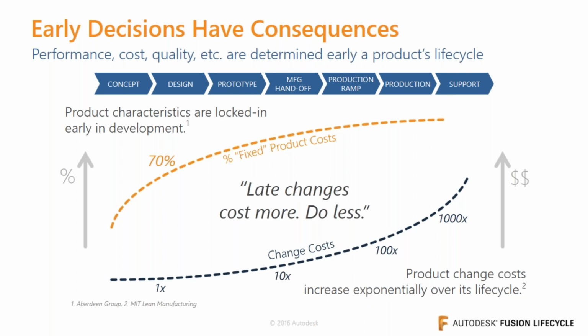They're really hard to change significantly. The second thing is that as your product progresses through its life cycle, it becomes more and more complex and expensive to make changes. Once a product's actually manufactured and shipped in the field, the cost of a change increases exponentially compared to an initial design change.